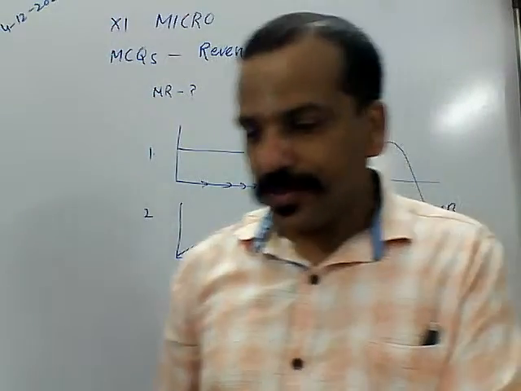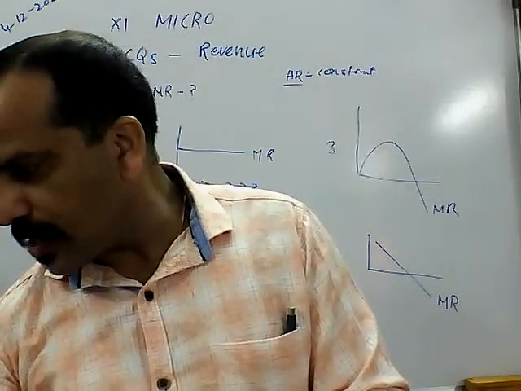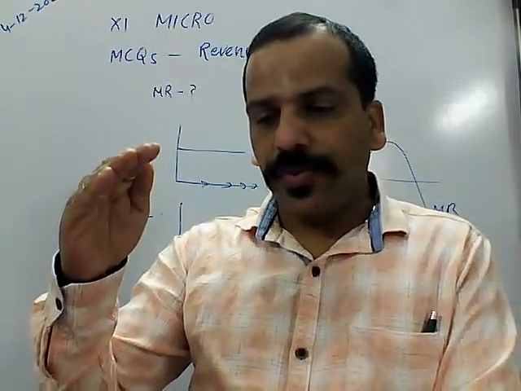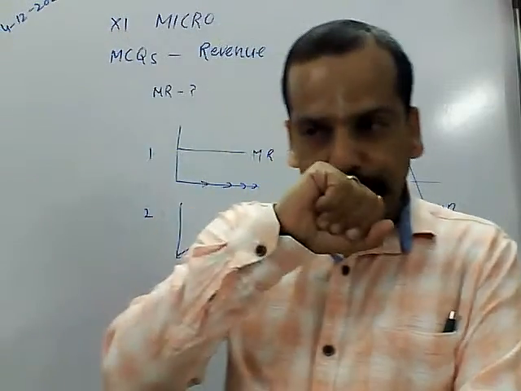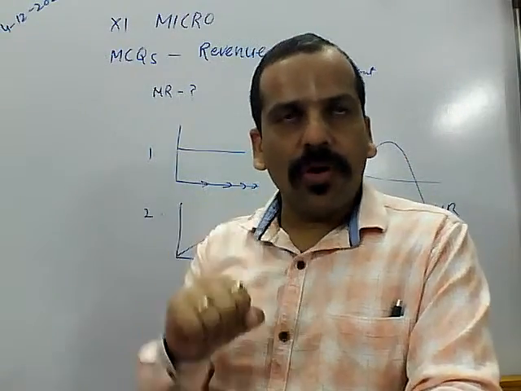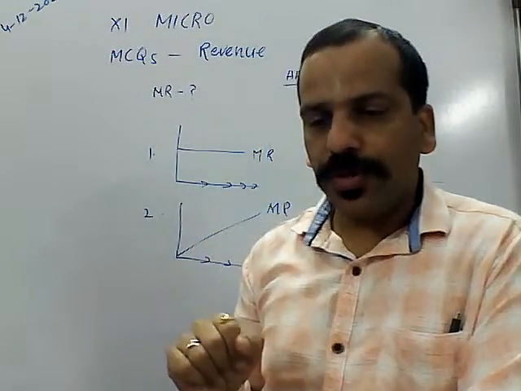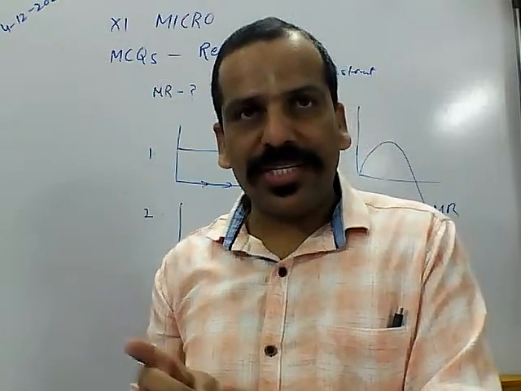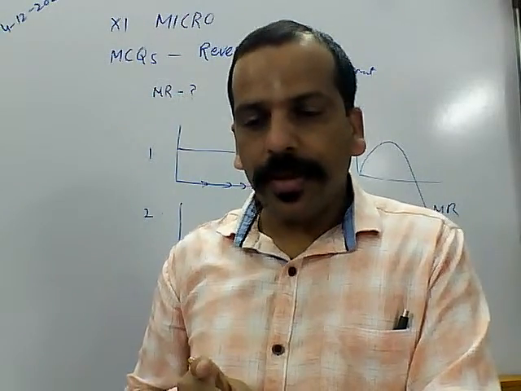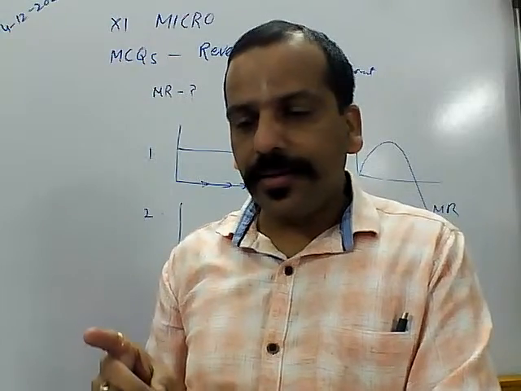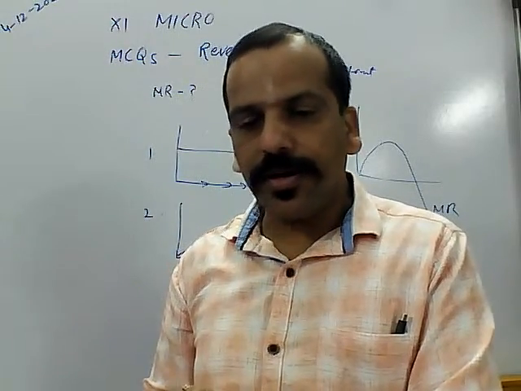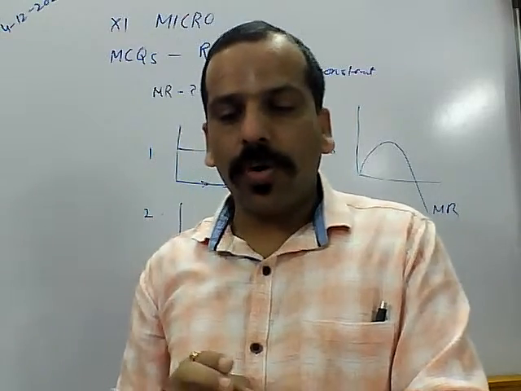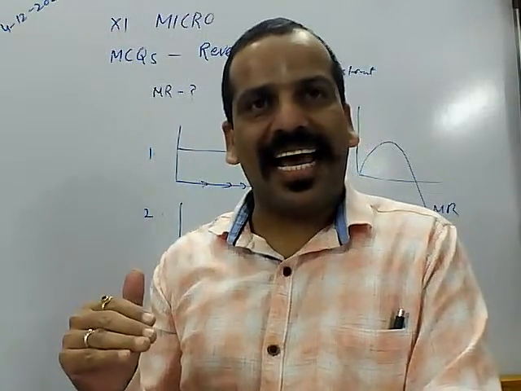Question number 7. When price falls with a rise in output, then: first, marginal revenue curve is steeper than the average revenue; second, average revenue steeper than marginal revenue; third, marginal revenue and average revenue curves coincide in the horizontal straight line.